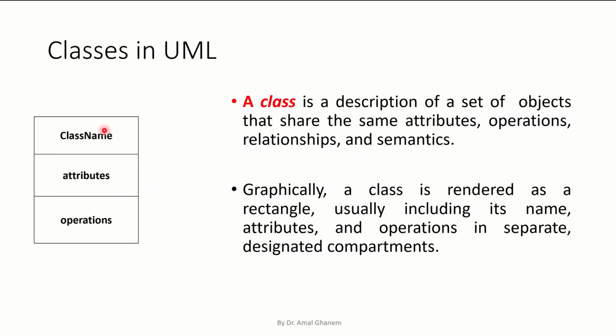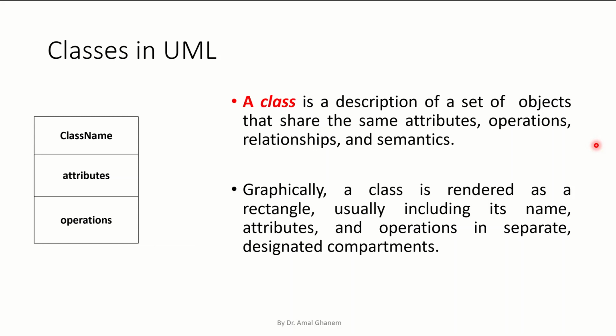So we will start with defining classes in UML. A class is defined as a description of a set of objects that share the same attributes, operations, relationships, and semantics. Usually when we write a Java class, we have a class name, attributes, and methods, and then we create objects of this class where they will have the same attributes and the same methods.